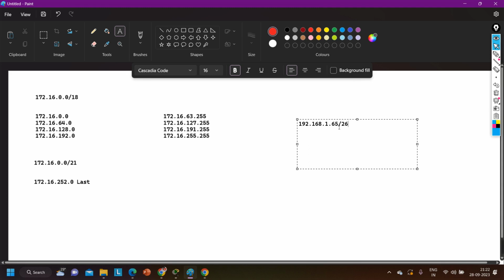You need to find the network ID of this IP address. What will be the network ID? 1.64.